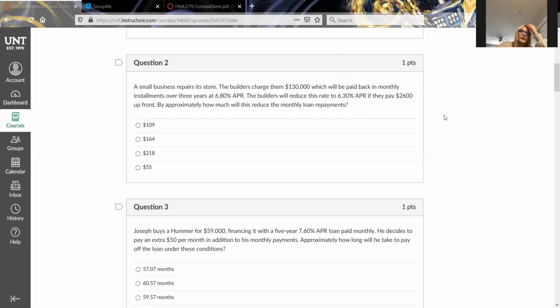So what formula are we using to solve this? I'm just kind of using basic math for it to see if I can get it right. Okay.